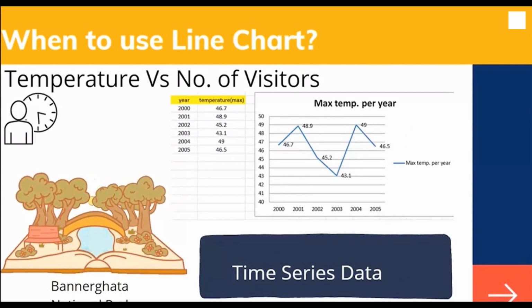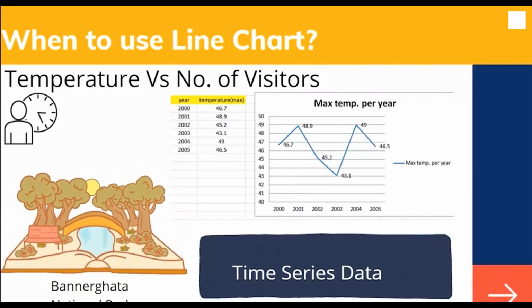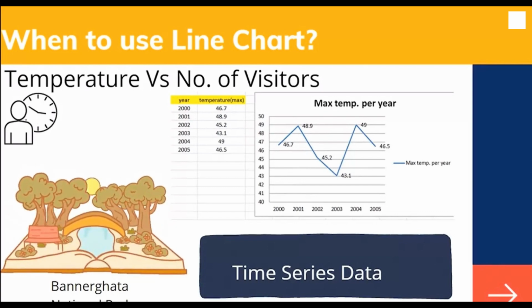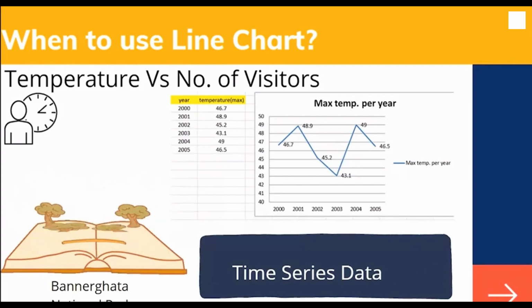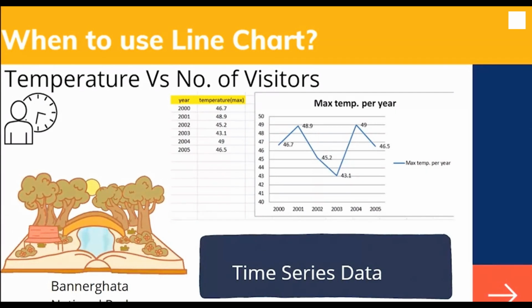Okay, so the next very important point that we need to understand is how do I represent or draw this chart using Tableau? In case we have continuous data and we want to represent that through a chart, the ideal choice is line chart.